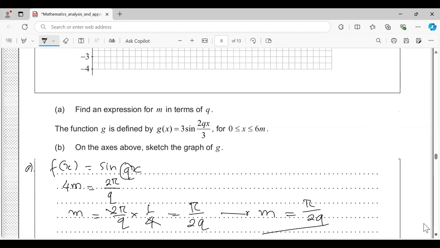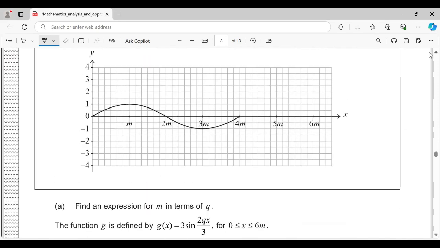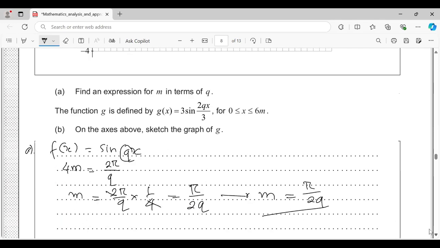Next. B, the function g is defined by g(x) equals 3 sine 2qx over 3 for x in the interval 0 to 6m. So the interval extends from 4m to 6m. On the axis above, sketch the graph of g.